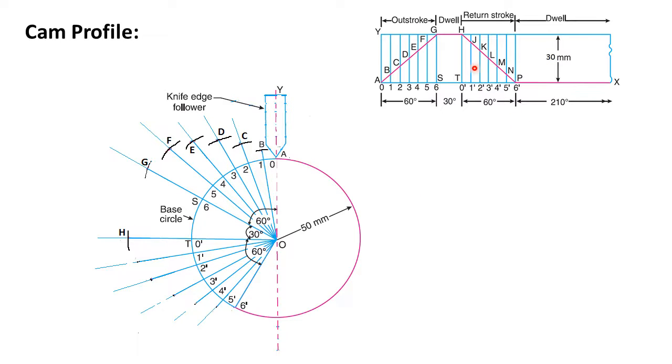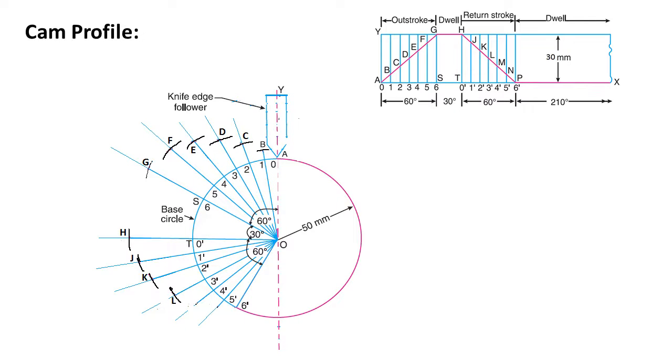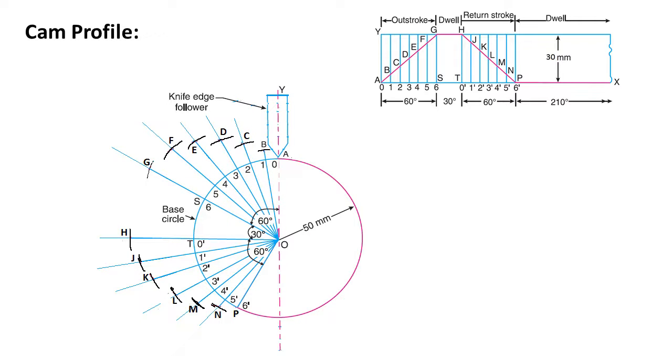Similarly, 1 dash to J, this exact length you measure with the rounder, keep it at 1 dash, and draw the arc J. So similarly we get the arcs 1 dash J, 2 dash K, 3 dash L, then 4 dash M, and here N, and we come to point P. So we have marked all these points to draw the cam profile.